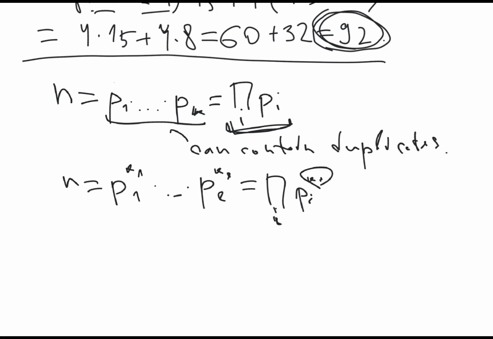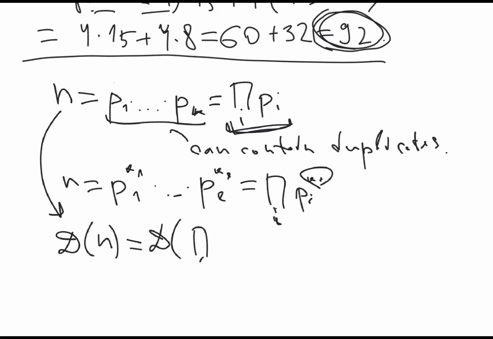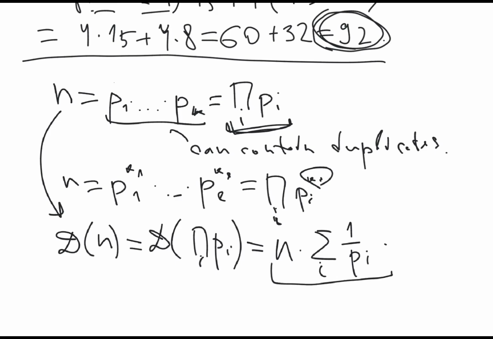And so then the derivative, so I claim that the derivative of the number n, let's write d of the product of pi, can be defined as n multiplied by the sum of 1 over pi. So this is the explicit formula for the arithmetic derivative.